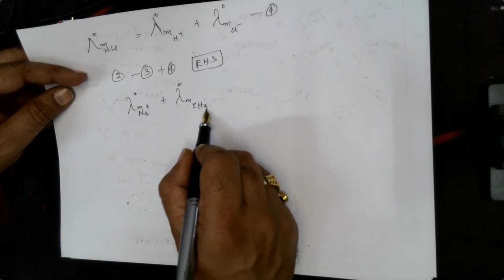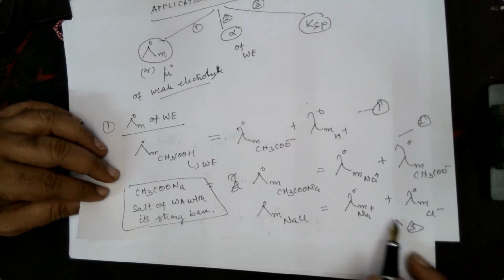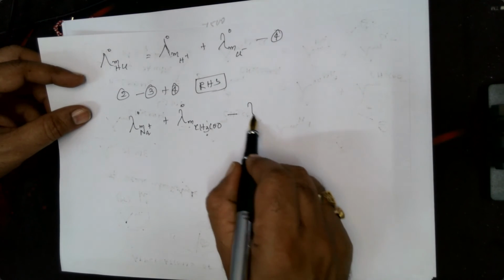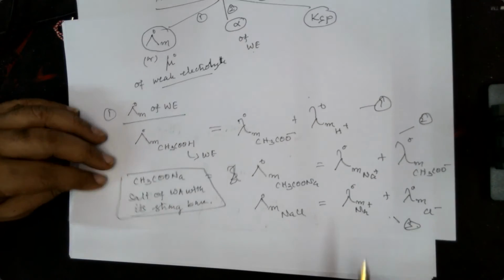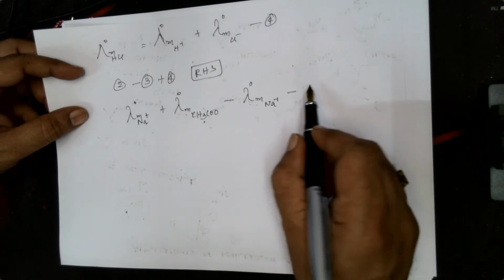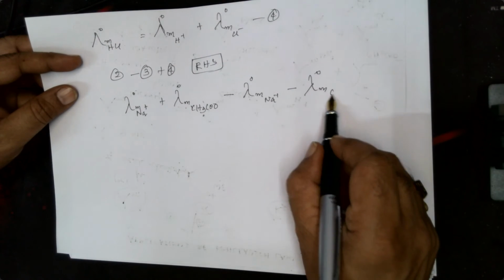Got it? Minus, the third should be subtracted. That is ionic conductance at infinite dilution of sodium. Since it is minus, we have to put again molar conductance at infinite dilution of Cl minus. Are you able to follow?